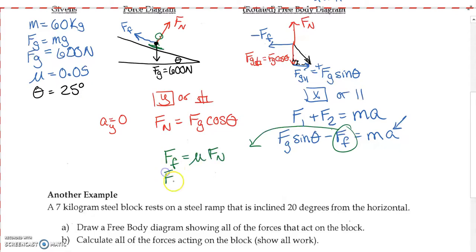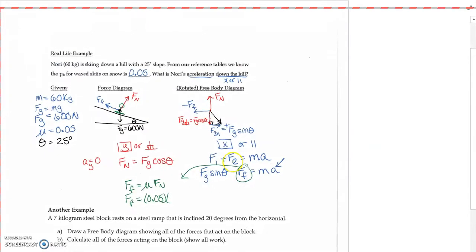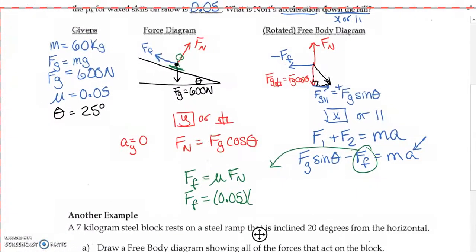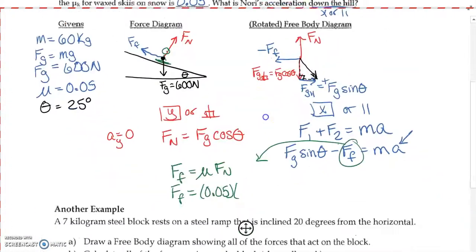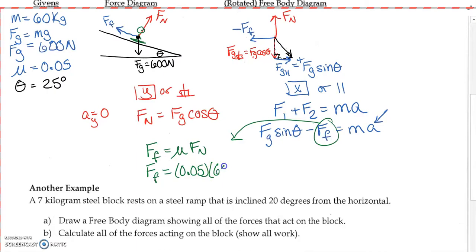So Ff equals 0.05 times Fg, or 600 cos 25. I'm going to pause for a second and do all these calculations, and then I'll come back to you.